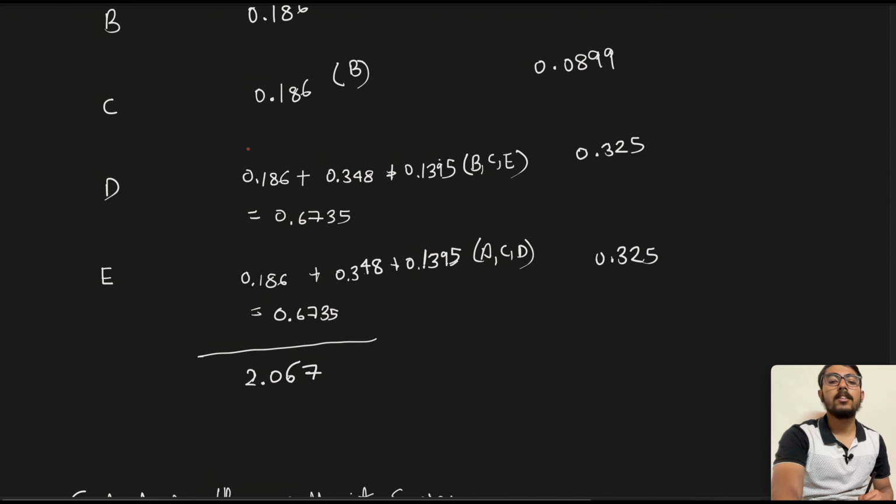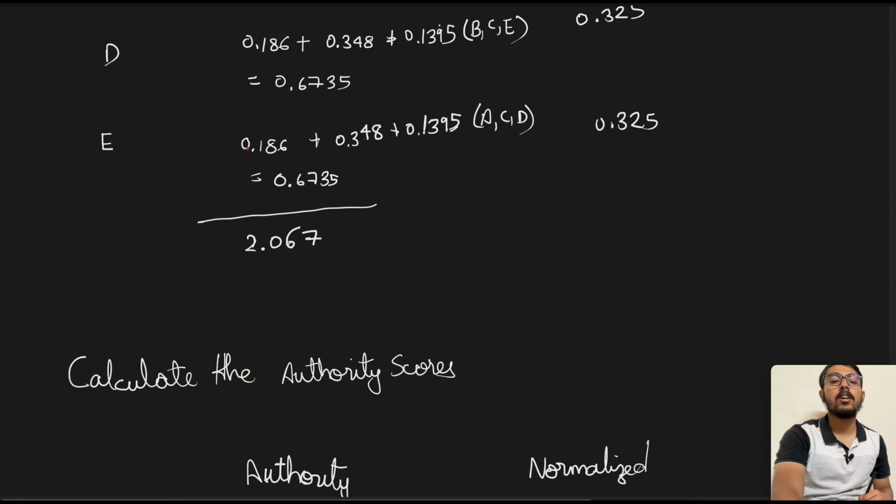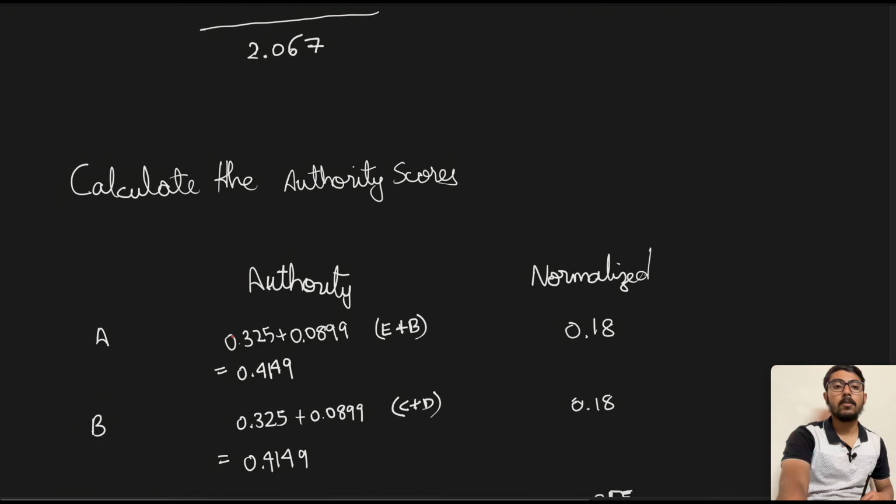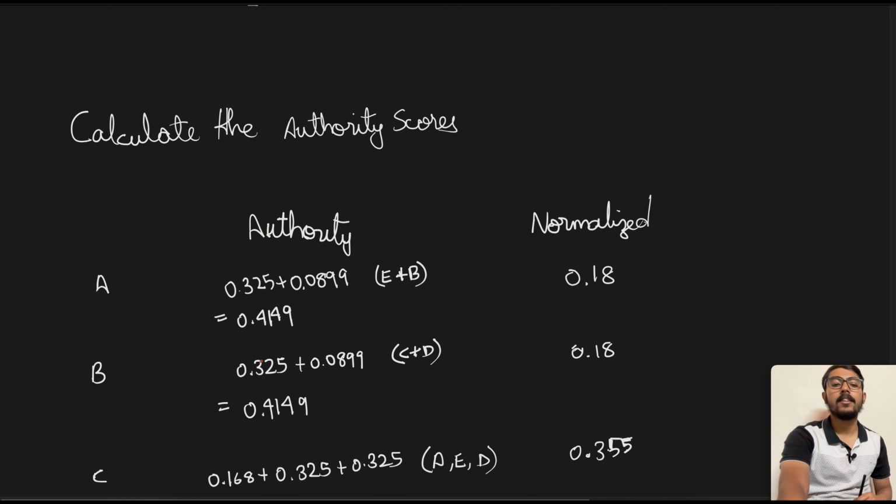So that is done. Now we calculate the authority scores. Similarly, again we will use the hubs that are linked to the authority to basically calculate the authority scores. So authority score equals A is pointed to by B and E, so their hub scores are added, and then we get 0.4149.